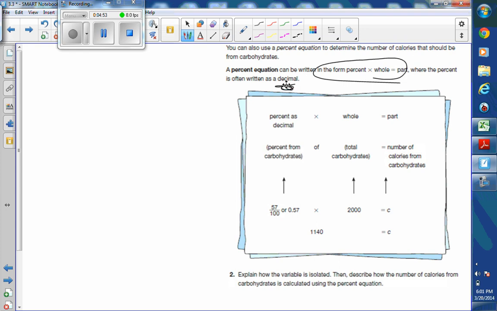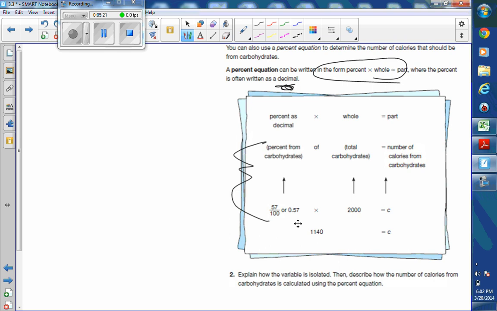Okay, so look in the box. Percent as a decimal times the whole gives you your part. So your percent of carbohydrates, we know, was 57%. So it's 57 over 100, which we can write as 0.57 because you move the decimal 2 places over. 57 hundredths, times your whole, which we know is 2,000 calories, would give you your number of carbohydrates.